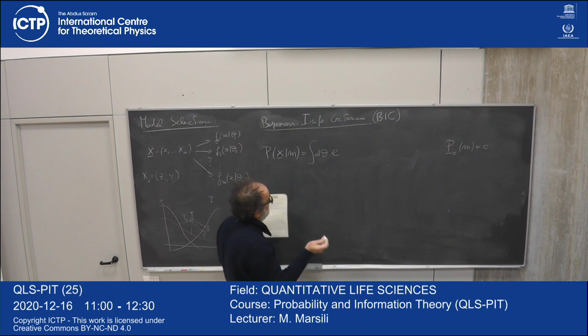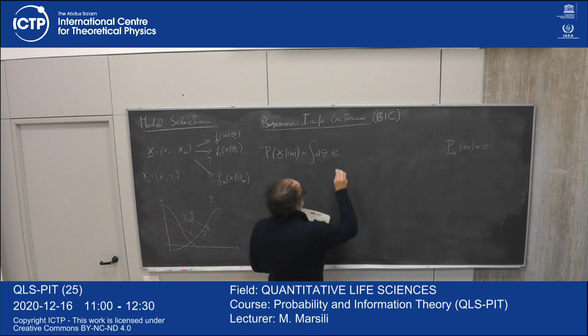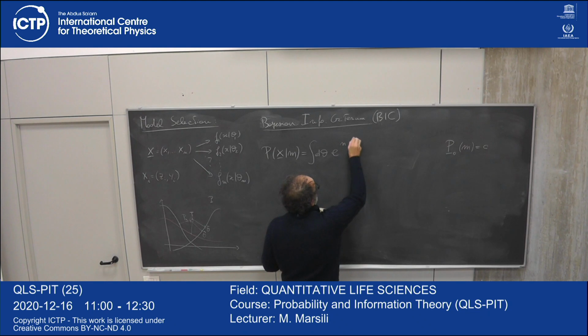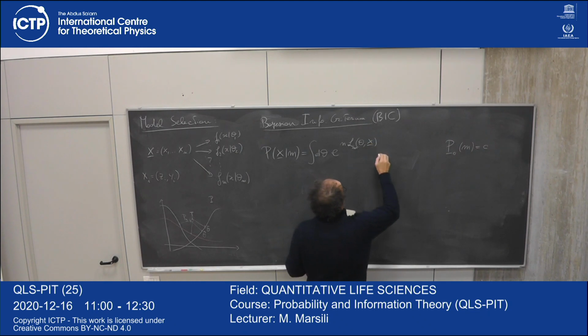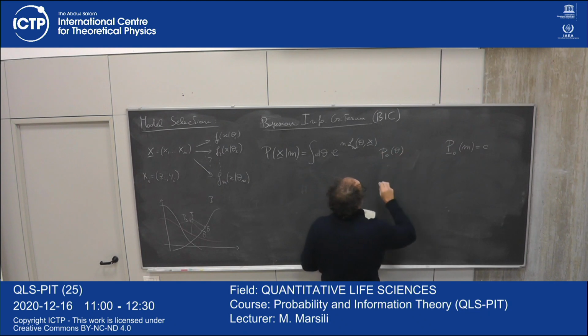And as we said last time, you can write the probability of the data as e to the n times the log likelihood of the parameters, let's say the log likelihood of model m given the data, times a prior distribution. This is also for model M. Okay.